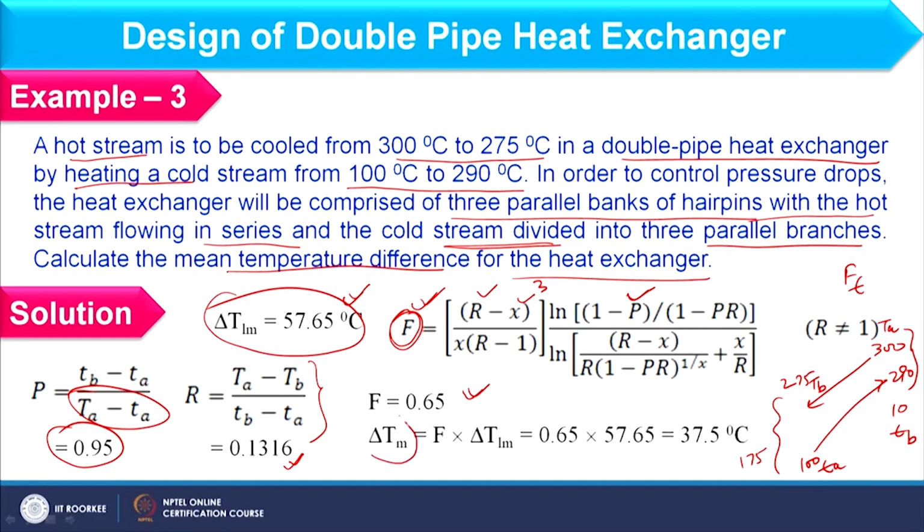So, you can simply calculate log mean temperature difference by multiplication of FT correction factor and LMTD for counter current flow. This we basically call as true LMTD or true mean temperature difference, right. So, 0.65 will be multiplied by 57.65 and true LMTD or true mean temperature difference we can find out 37.5.